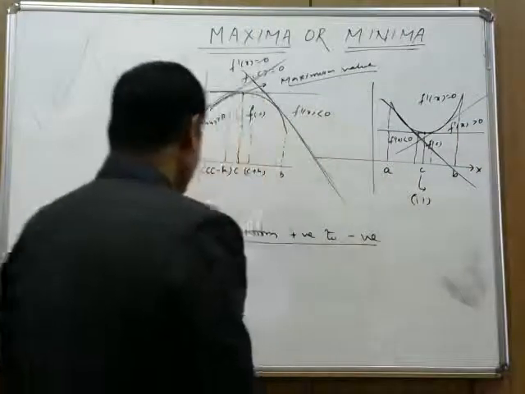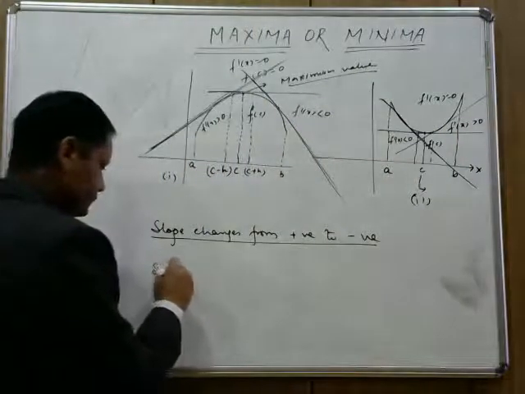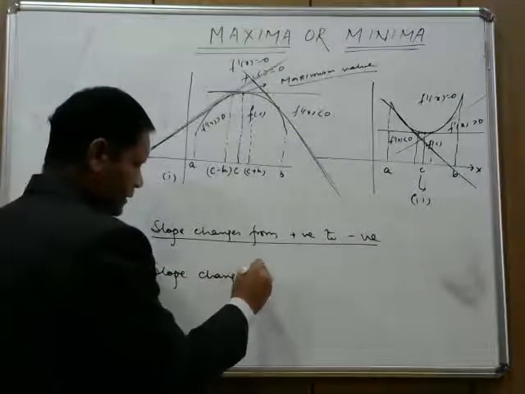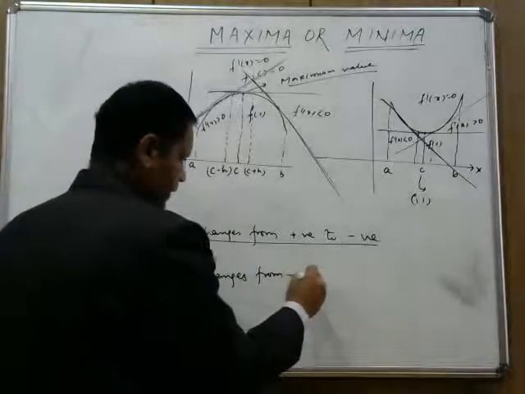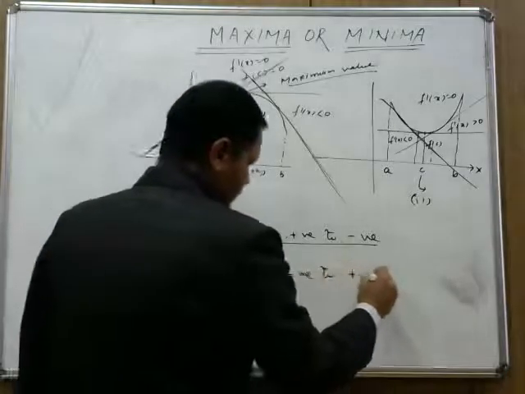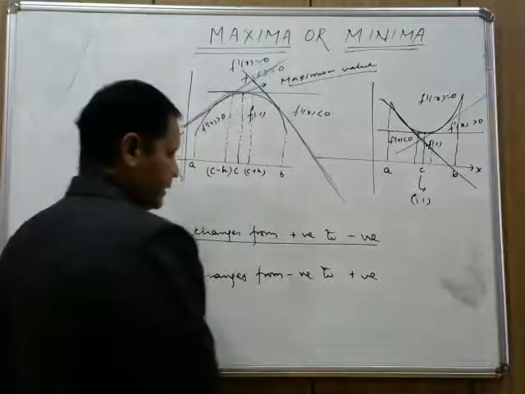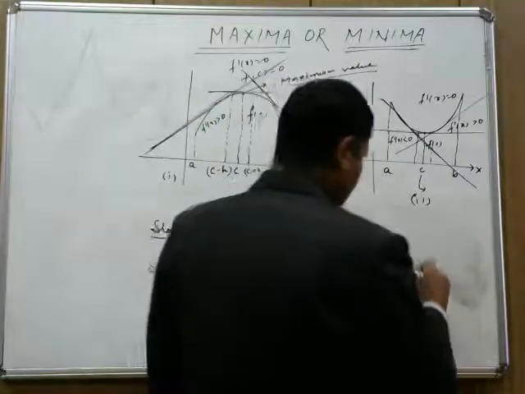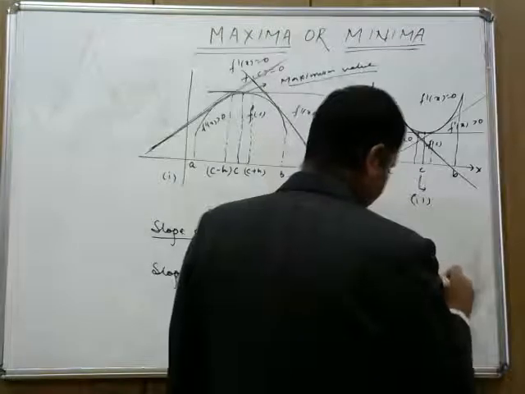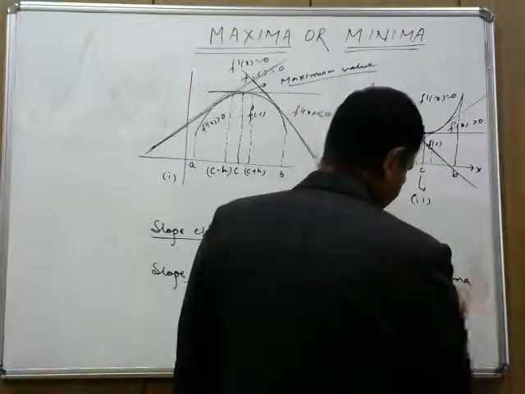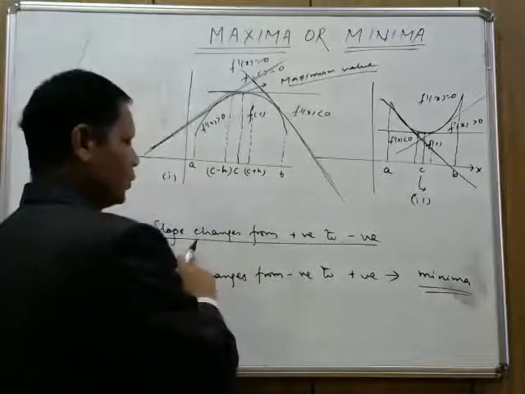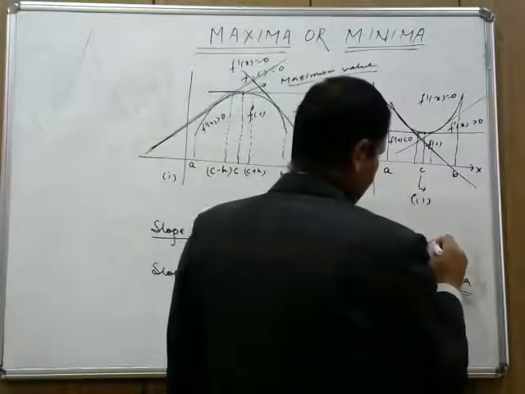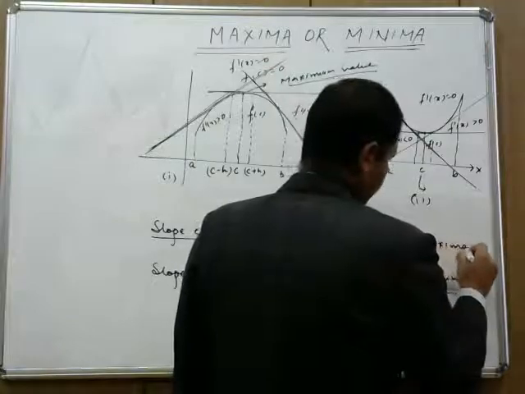That means when the slope changes from negative to positive, then that will give you the point of local minima. And when the slope changes from positive to negative, it gives you the point of local maxima.